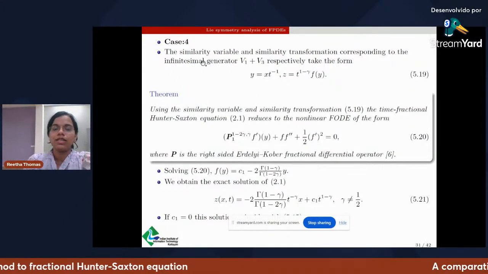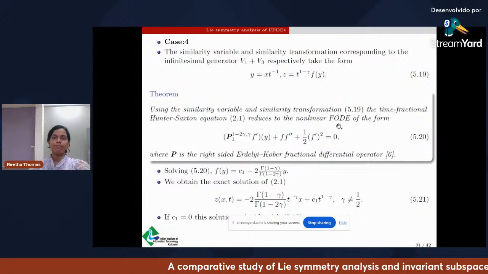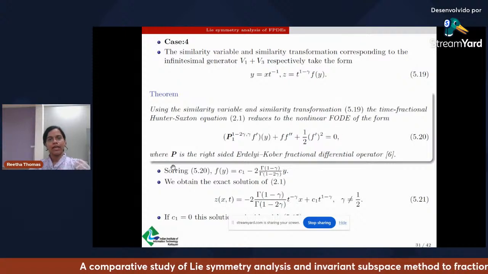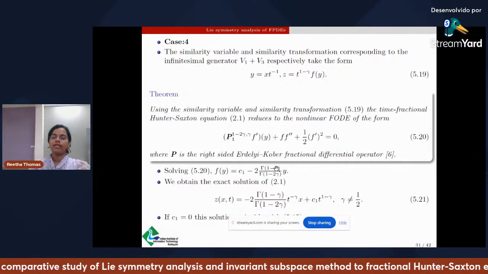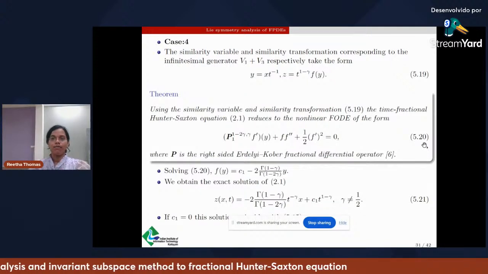But here, the similarity variable and similarity transformation obtained using this generator reduce the fractional PDE to a fractional ODE involving the Erdelyi-Kober operator, other than the Riemann-Liouville derivative. We obtain 5.20, which is a fractional ODE.